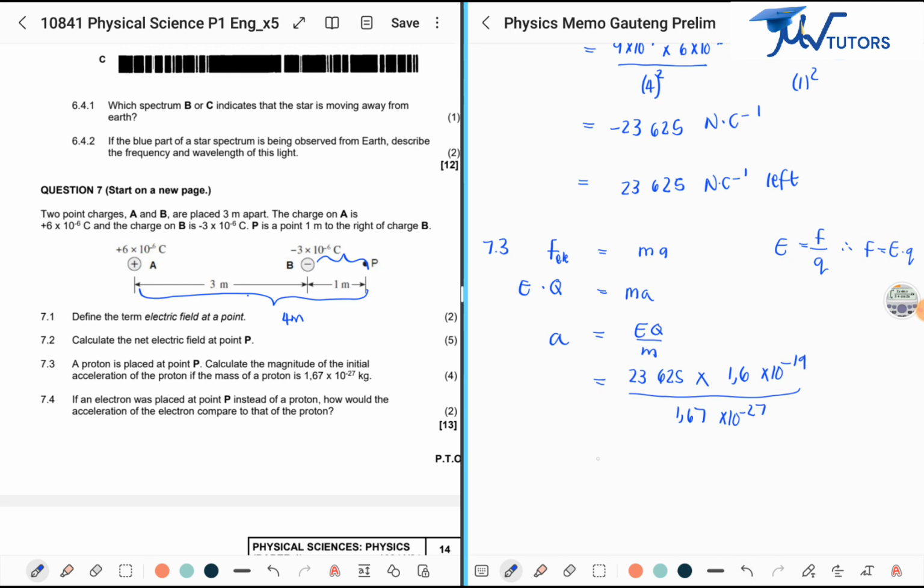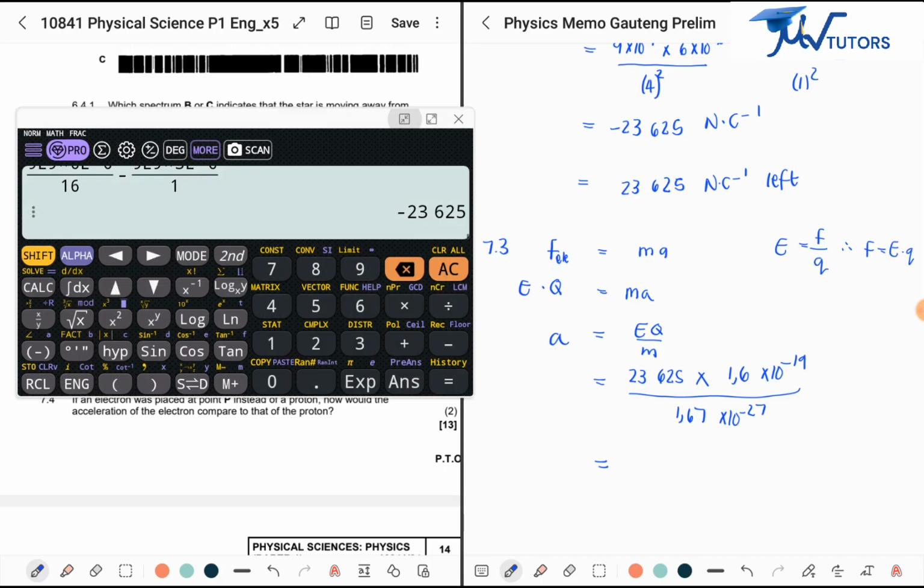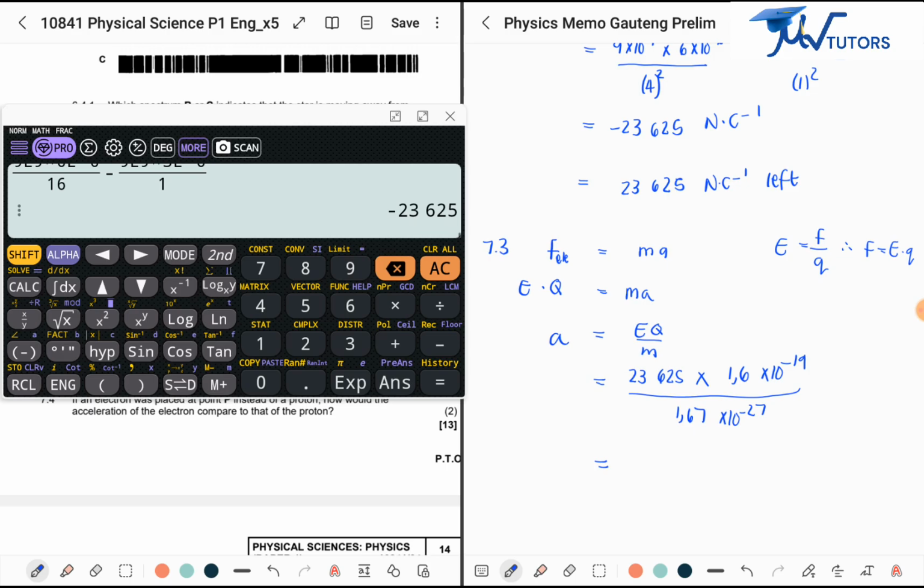All right, and then now we can calculate what the acceleration is. So let's just have a look there, the calculator. So we have 23,625 multiplied by 1,6 times 10 to the -19 all over 1,67 times 10 to the -27.